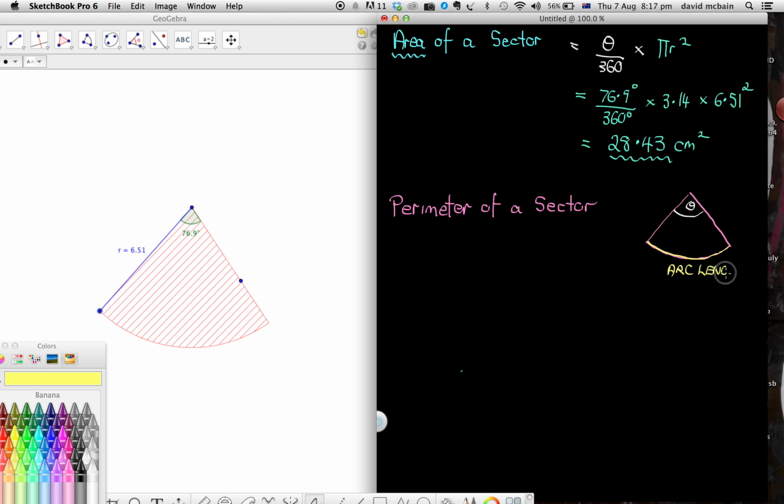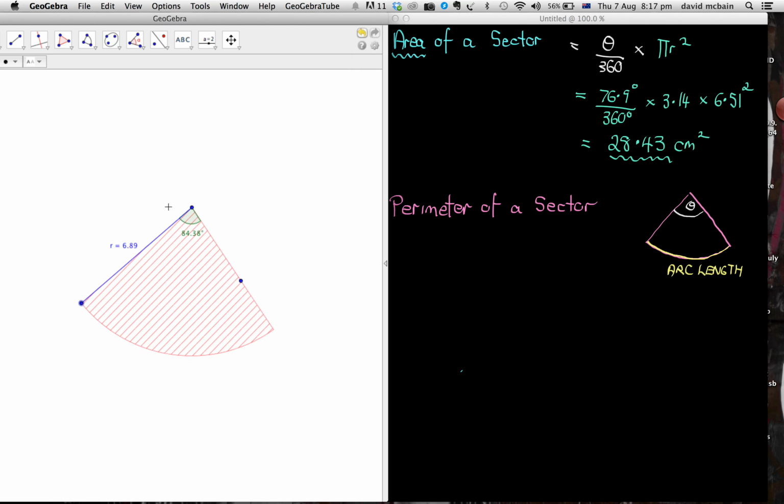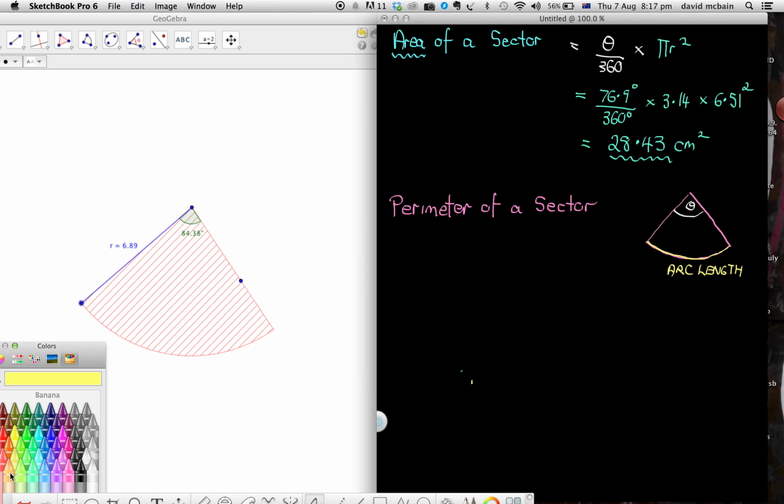Now remember this section here, that straight line from the center of our circle to the circumference, is known as the radius. So that there is the radius, and also this line here is the radius.